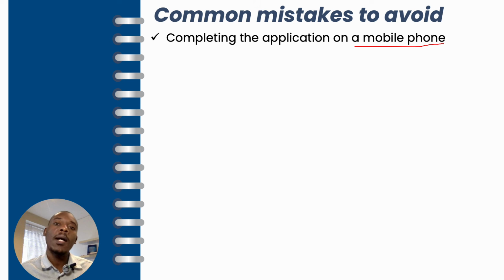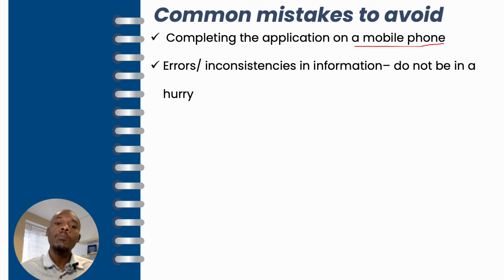Use the computer to navigate through all the stages. If you use your mobile phone, you are going to make mistakes, and if you make any errors, misspellings, then that will affect your application. So please try by all means to use a computer.